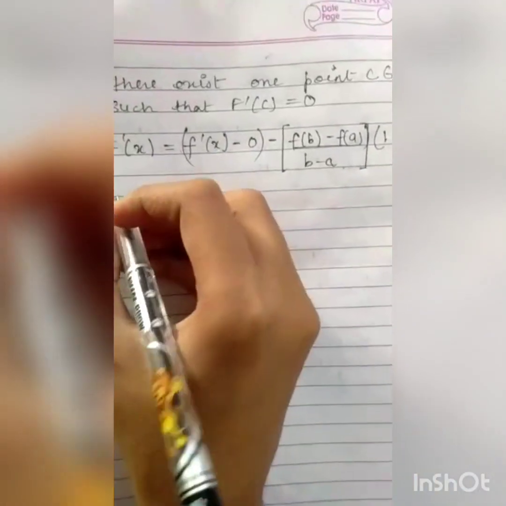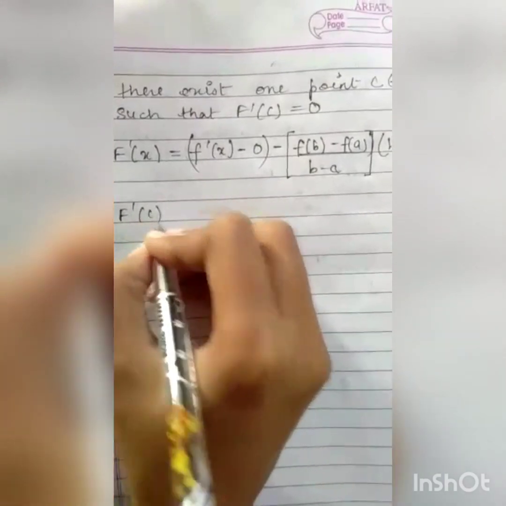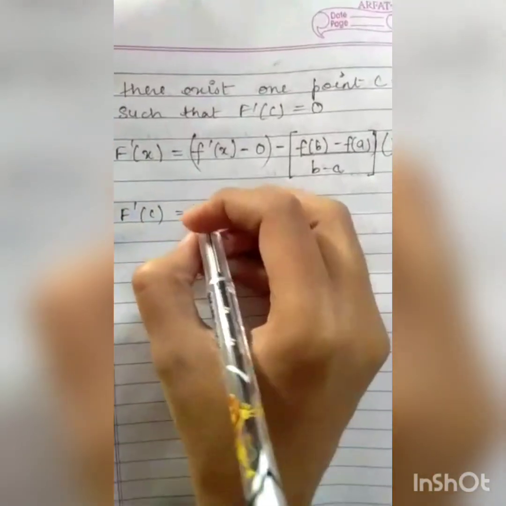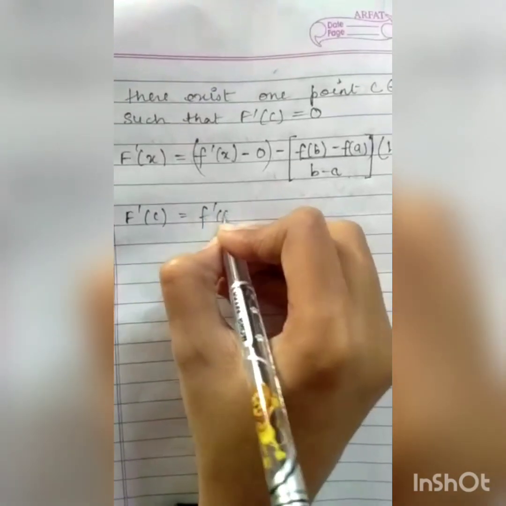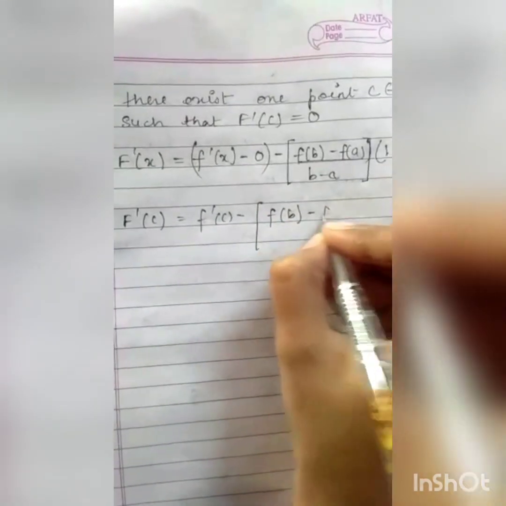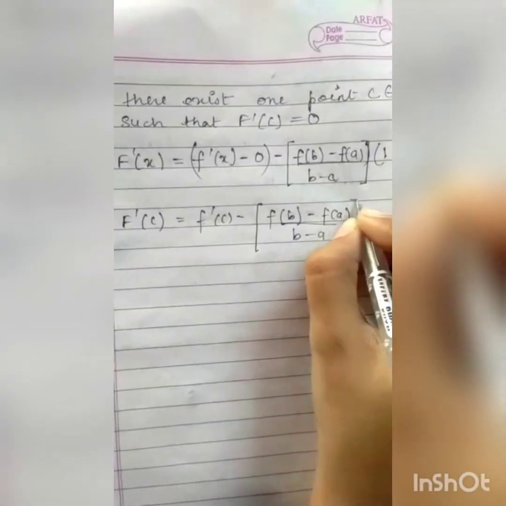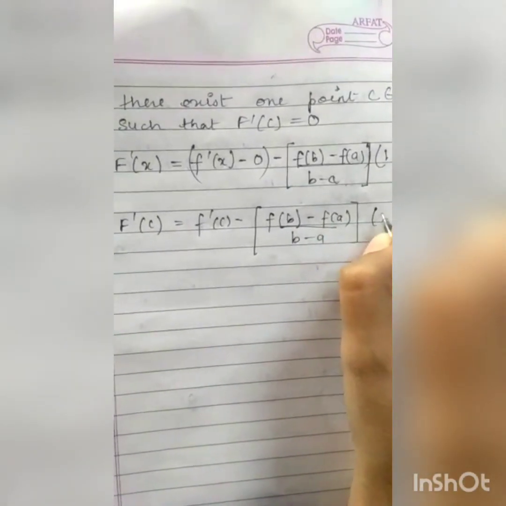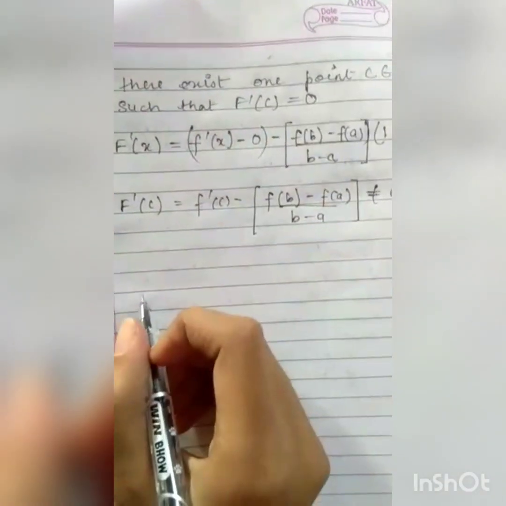Then if we put the value of c in place of x, we will get f'(c) minus [f(b) minus f(a)] upon (b minus a), and this will be equal to 0, as we know that F'(c) is equal to 0.